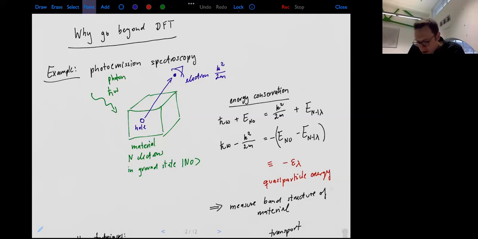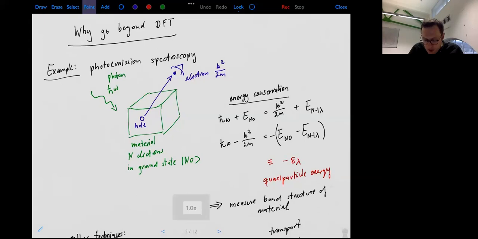And what you measure in this experiment is a so-called quasi-particle energy, which is defined as the difference of the total energies of the ground state of the material with n electrons and the total energy of either the ground or an excited state, labeled by this lambda subscript here, of the system when one electron has left the material, right? So that's what's measured in a photoemission experiment.